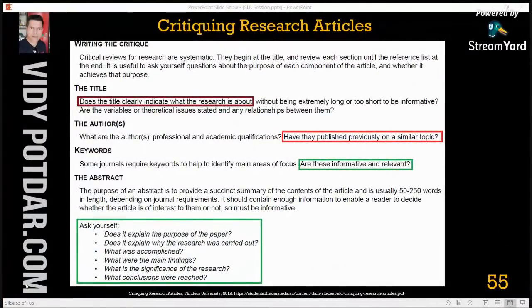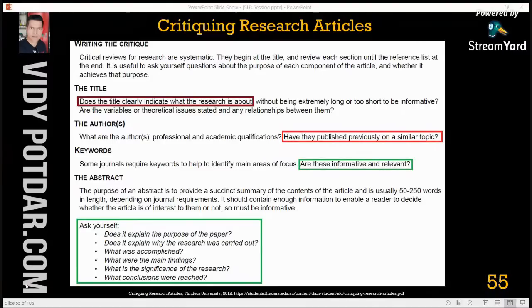All right. When you are critiquing a research article, you have to look at every aspect of that paper and then give your critical evaluation. It could be the title of the paper.